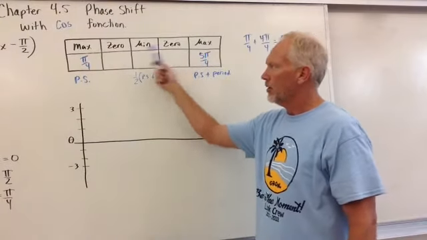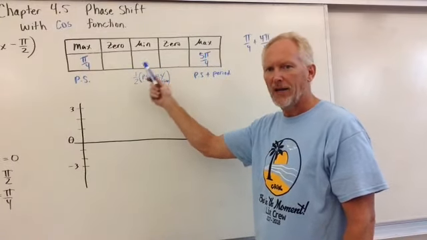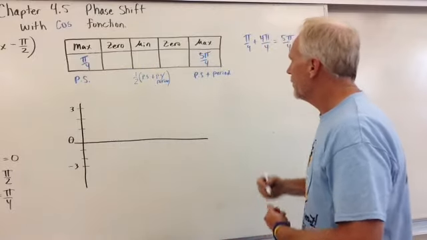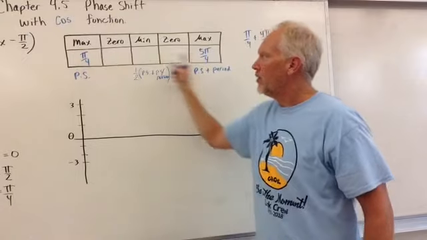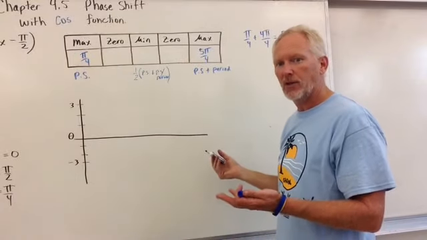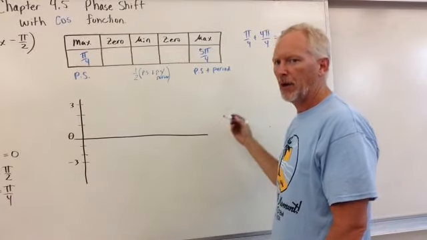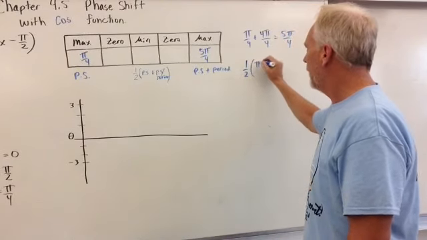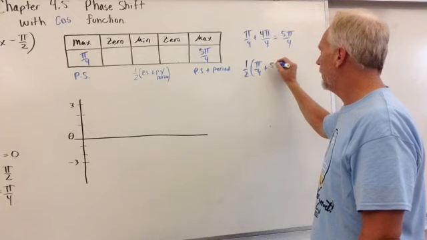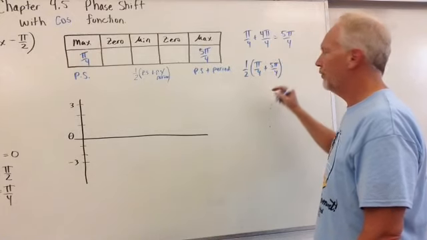Now I've got to do the middle part, and that's finding the average, or half. What we can do is add these two together and divide by 2. In these cases I like to multiply by 1/2. It makes the math a little easier. So we get 1/2 times pi over 4 plus 5 pi over 4.